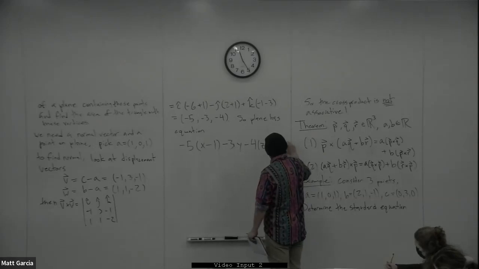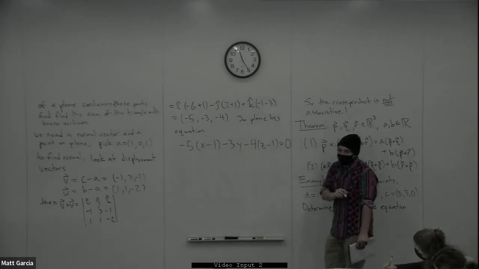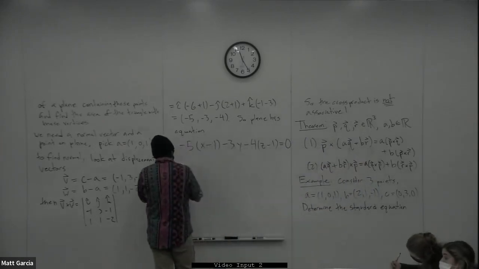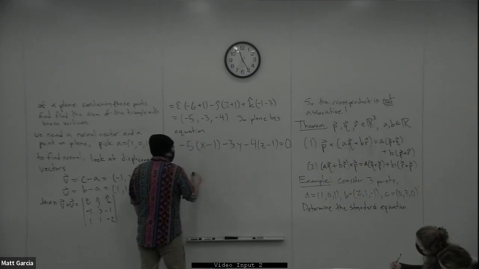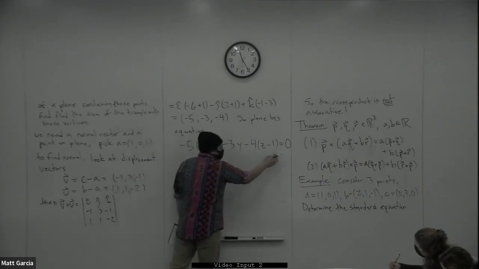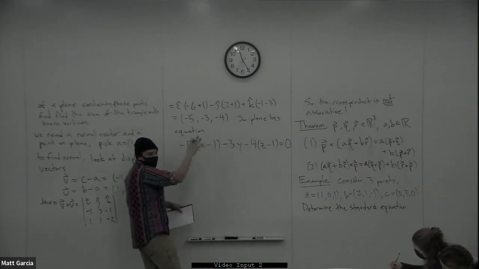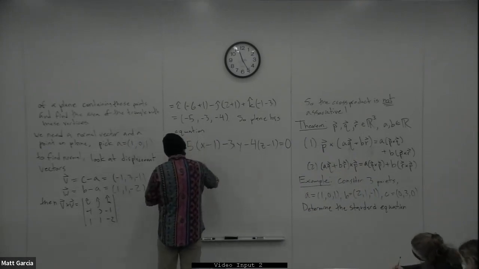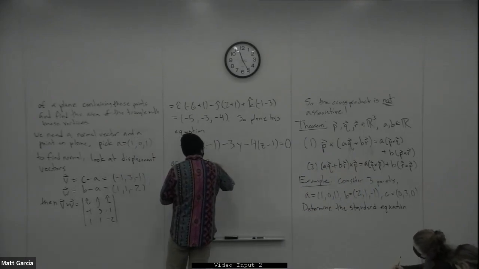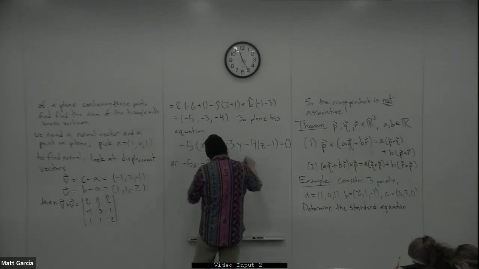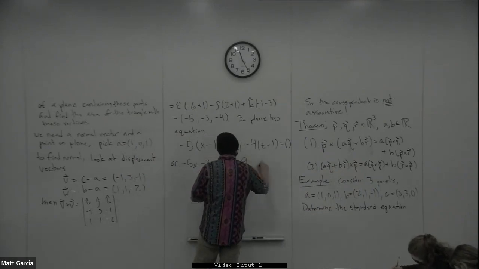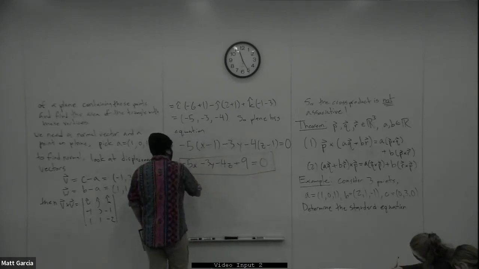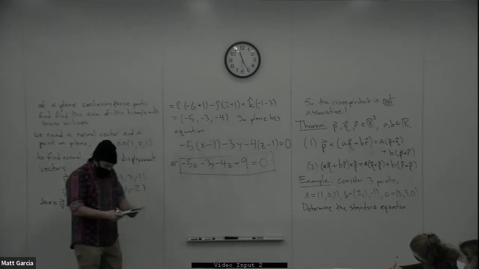This is an equation. It's equal to 0, right? Okay. Not so bad. Technically, the standard equation has the constant d. So let me multiply everything out and collect terms. Or -5x minus 3y minus 4z plus 9 equals 0 is our standard equation of the plane.